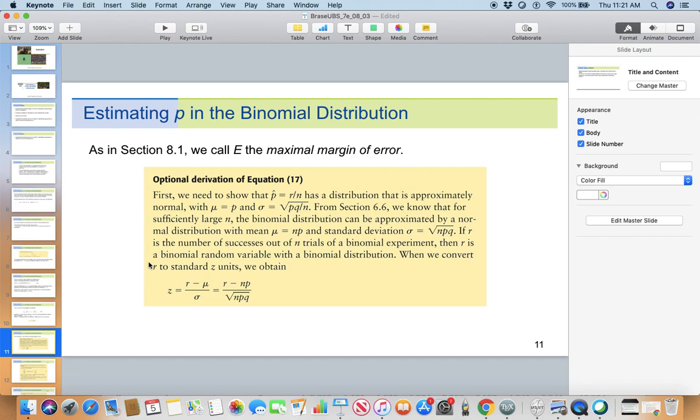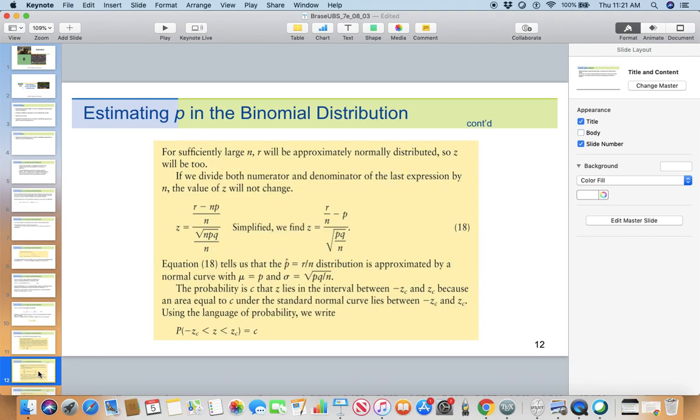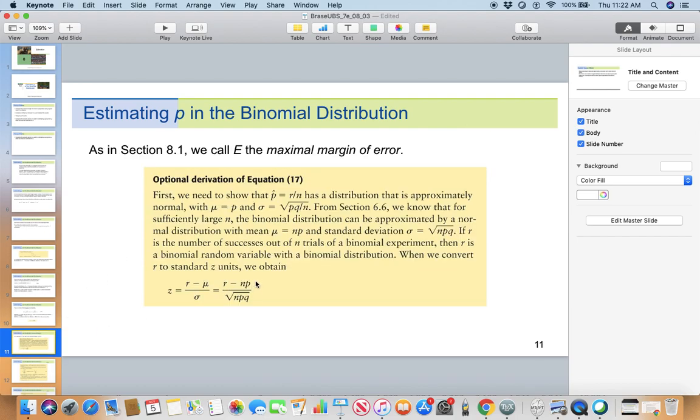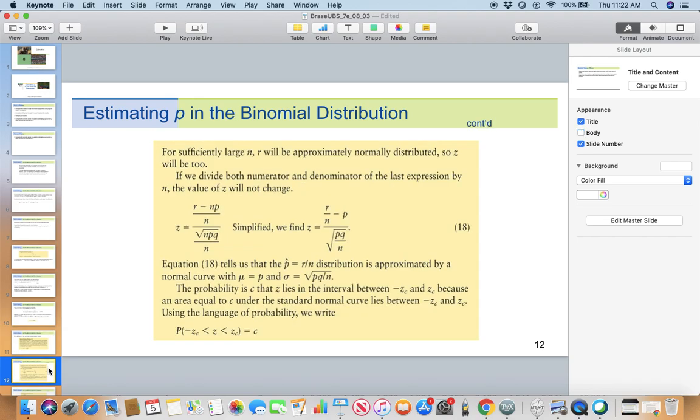We convert R to standard Z units: R minus mu over sigma. So R minus NP over square root NPQ. Divide this by n and divide the denominator by n. We are allowed to do that.